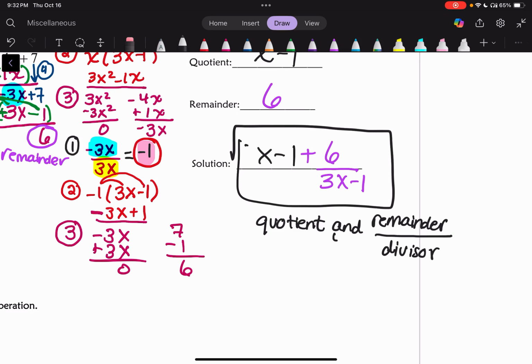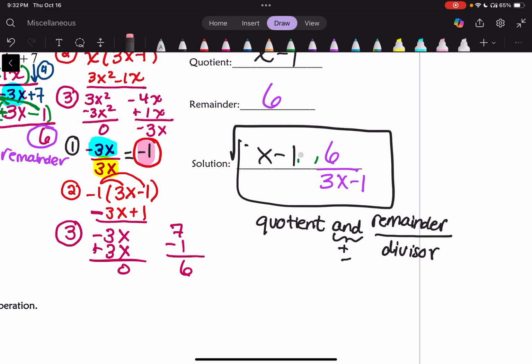This and here could be a positive or a negative. It just depends on what your remainder ends up being. In our case, our remainder ended up being positive right here, and that's why I put the plus. It could be negative though, so sometimes there might be a minus. That's why I use the word and instead.